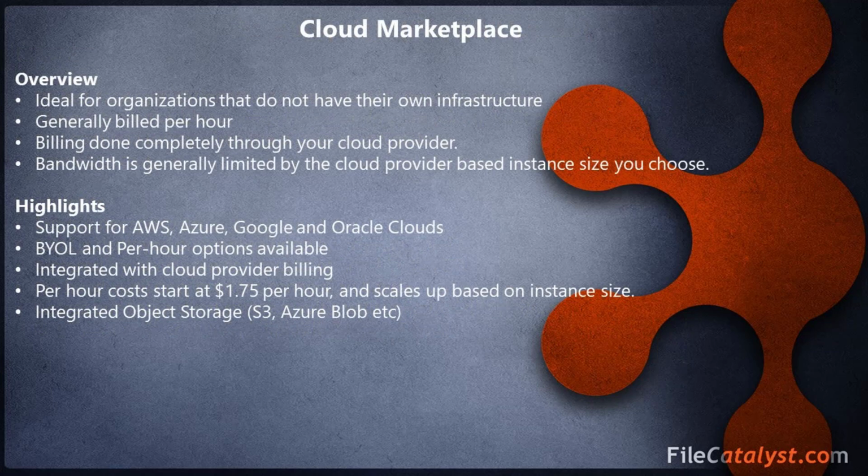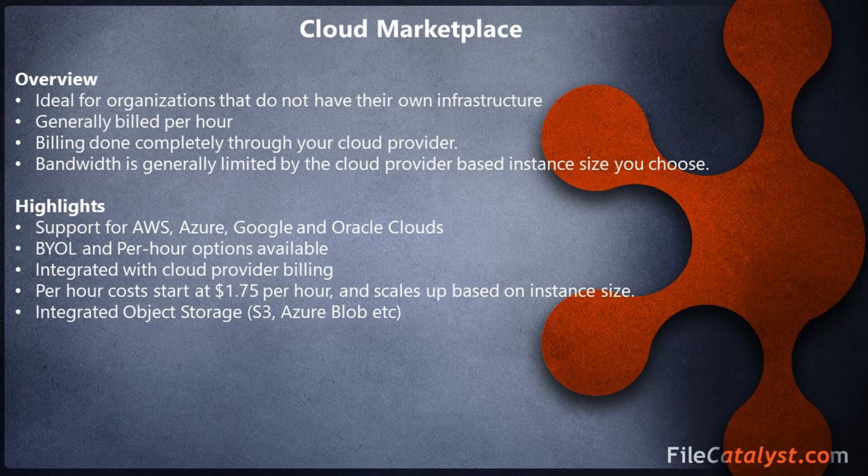Then there's the cloud marketplace. As I mentioned, we're integrated with a number of cloud vendors, AWS, Azure, Google, where you can fire up an instance of FileCatalyst and then you just pay per hour. The per hour cost starts as little as $2 per hour and scales up based on the size of the instance. The idea is that the bigger the instance, the faster you'll be able to send, and therefore the cost will be a bit higher.